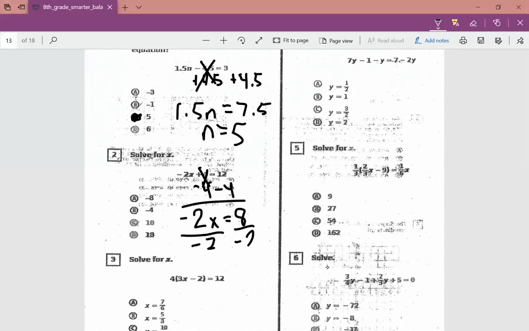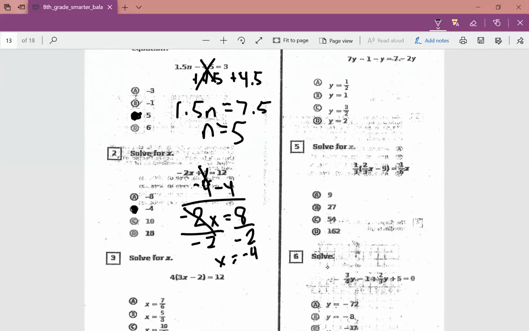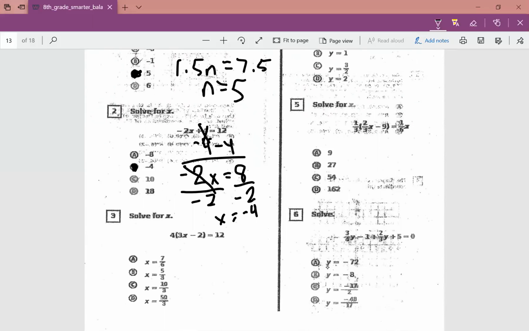Divide by negative 2. x equals negative 4, B. Still on page 13, solve for x. 12x minus 8 equals 12. 12x equals 20. x equals 20 over 12, which does simplify down to 5/3.